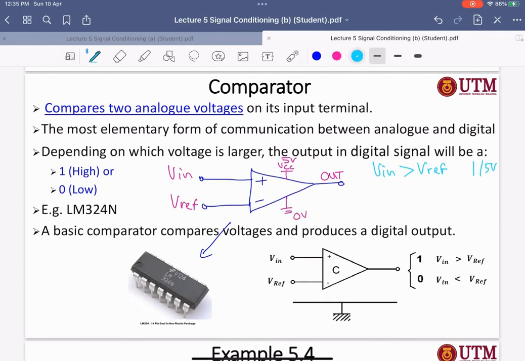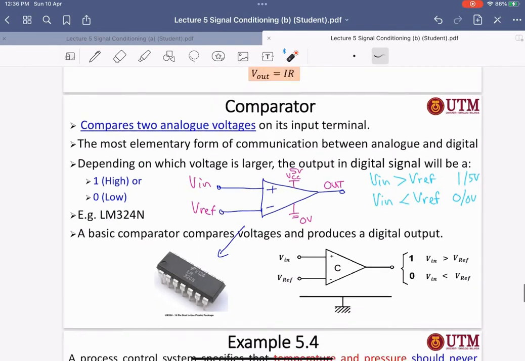If your V in is less than V reference, you will get 0, low, which means 0 volt. Okay, that is the concept, whether 1 or 0. So 1 in terms of voltage, when you measure it, will be the highest one, 5 volt. 0 means 0 volt. Okay, so let's go to this, right? Example 5.4.